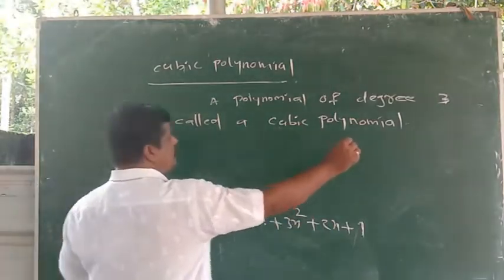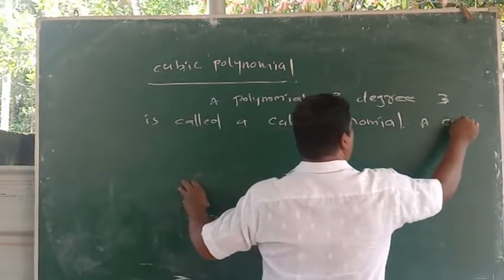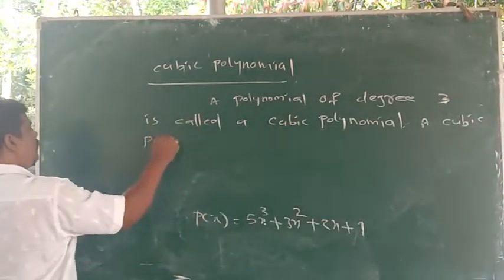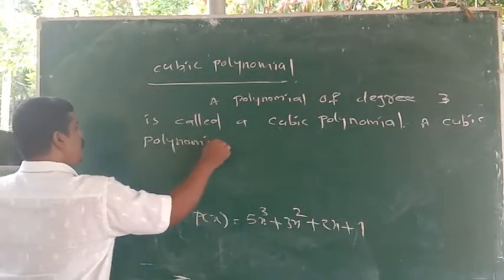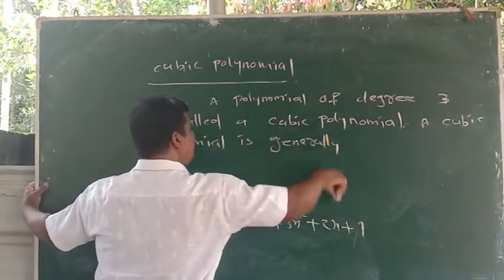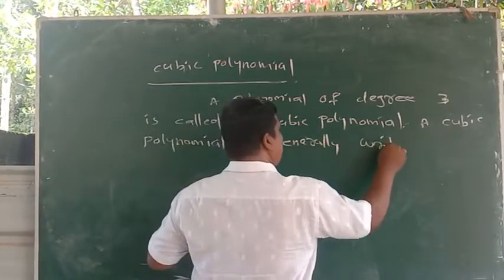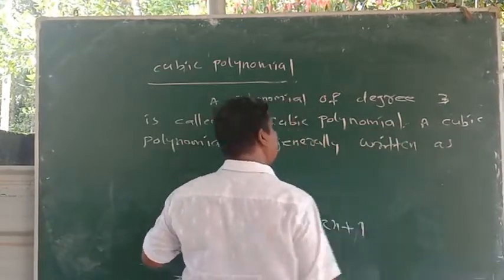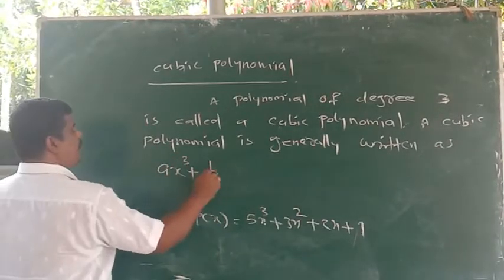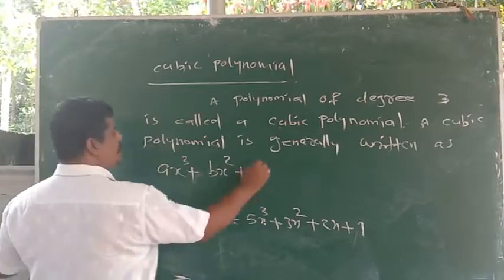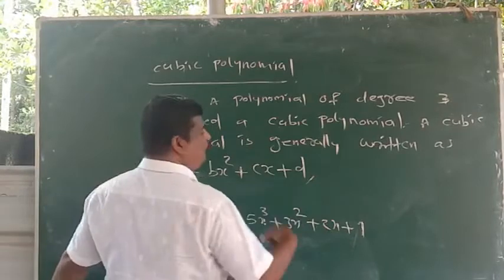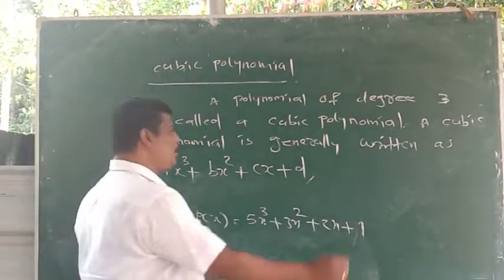A cubic polynomial is generally written as ax cube plus bx square plus cx plus d, where a is not equal to 0.